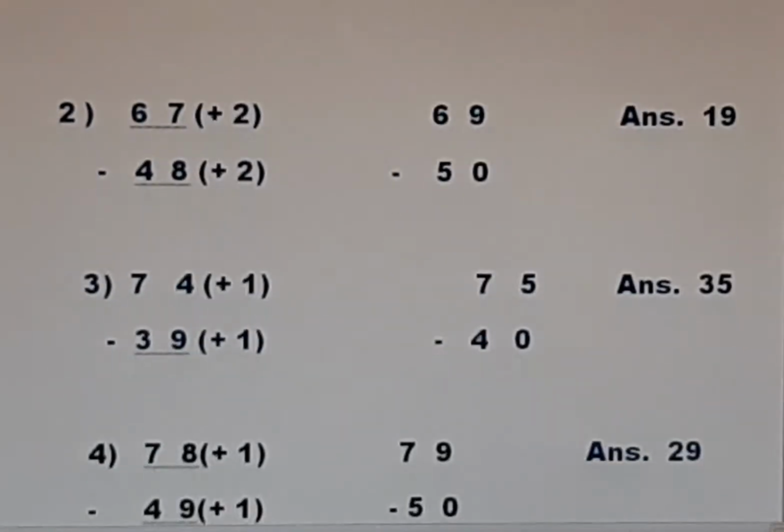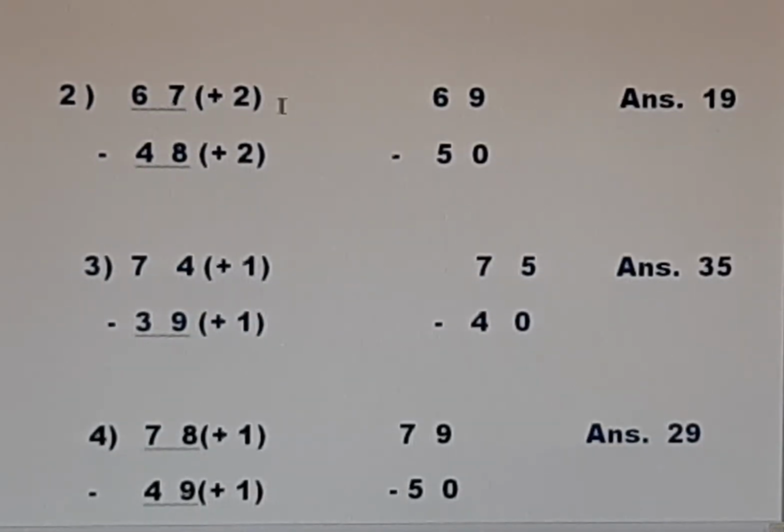Another example, 67 minus 48. First of all, you have to find out which one is the bigger number, which is 67, and which one is the lower number. The lower number is 48. So you have to make a base figure of the lower number.